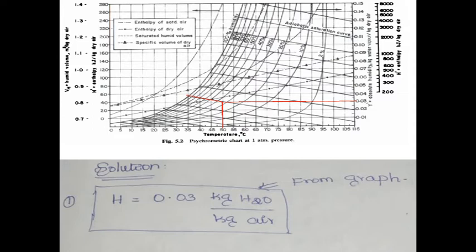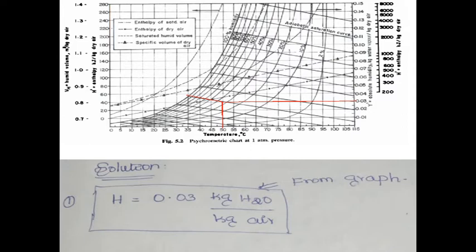Third step, these two lines intersect at one point. Fourth step, draw a horizontal line from the intersection point on the right side up to the y-axis.